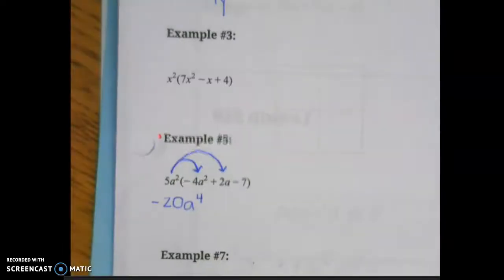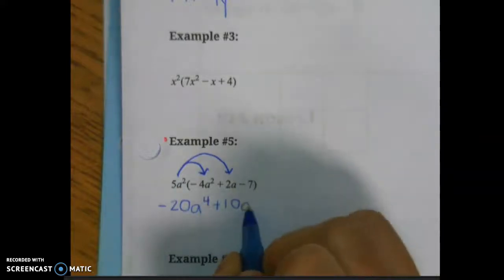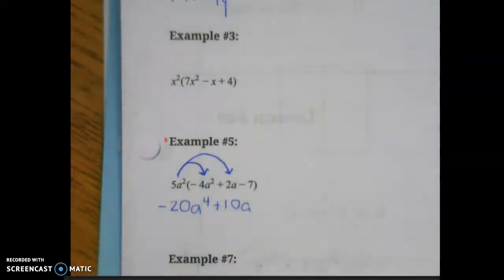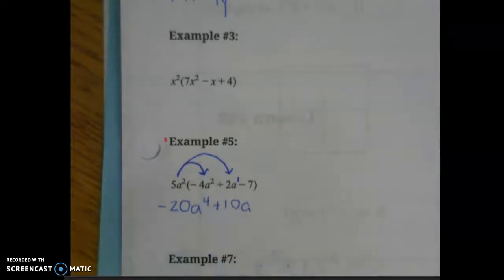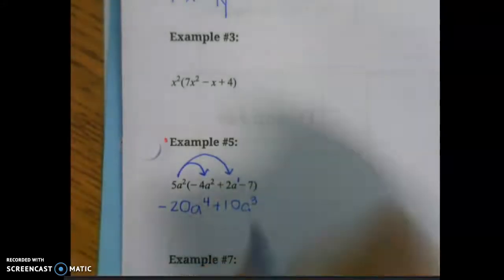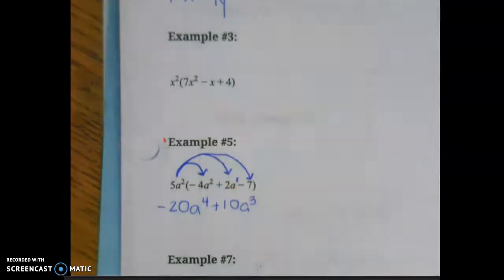Okay, now I'll do 5a squared times a positive 2a. So 5 times 2 is 10. Keep the a, and then you'll add the exponents. So we have a 2 here, and then you have an invisible 1 right here. So don't forget to add the 2 plus 1, and you'll get an exponent of 3. Okay, now we'll do 5a squared times this minus 7.